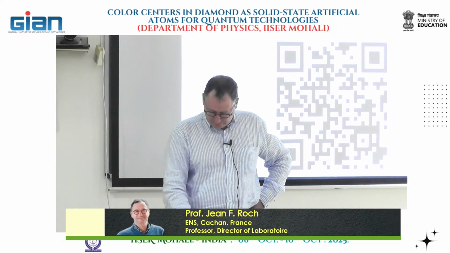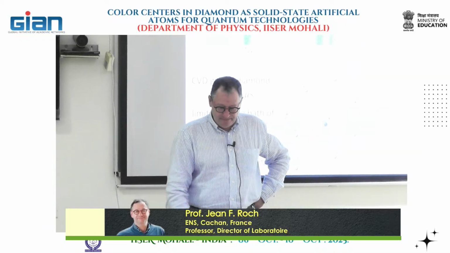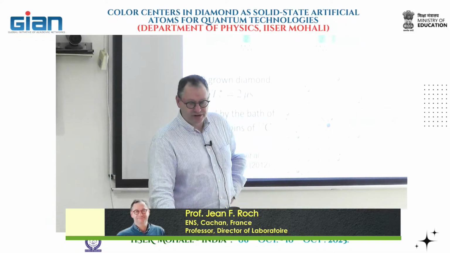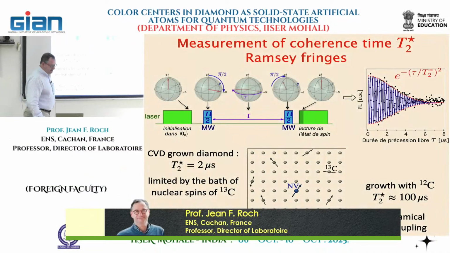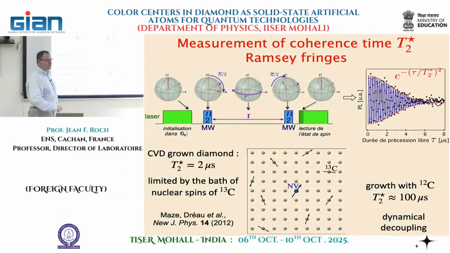And I will explain briefly this afternoon why we are working on that and what we want to do with this system. Okay. So as I mentioned, we can measure the coherence time of the NV center by the scheme of Ramsey fringes, and actually you will see this system live this afternoon.